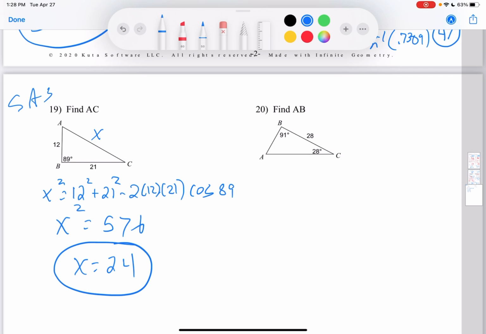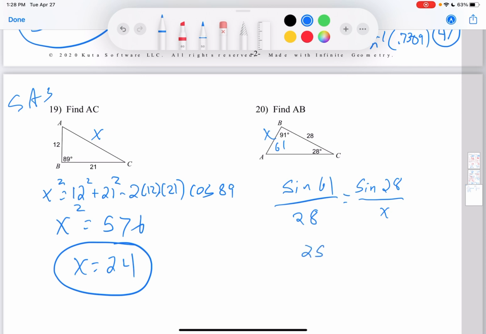And the last one, we have two angles, so we can find the third. 180 minus 91 minus 28. That gives me 61. So we can use the law of sines. So sine of 61 over the length of its opposite side. Now it wants us to find AB. So opposite of AB is the sine of 28. We'll put that over x.